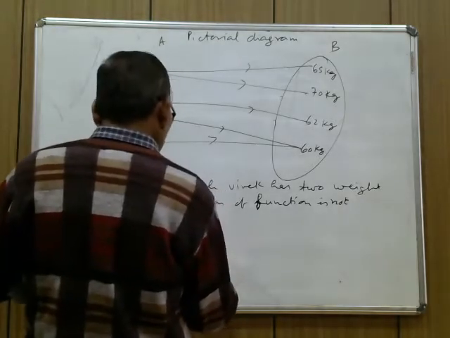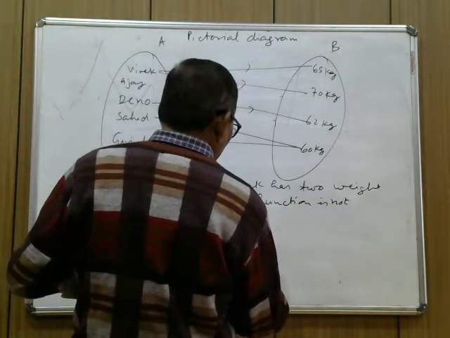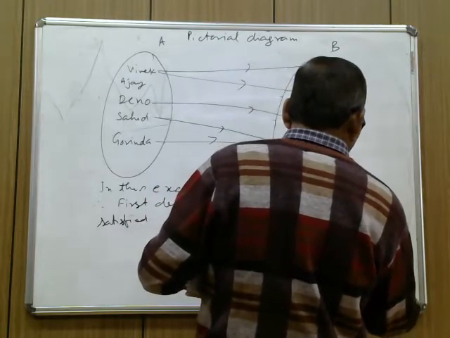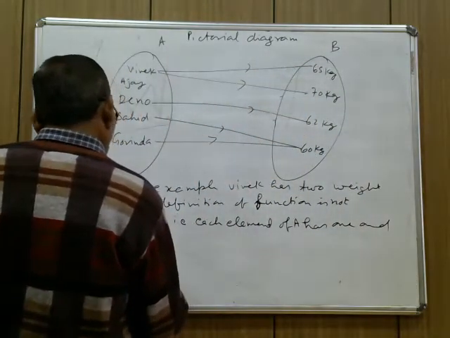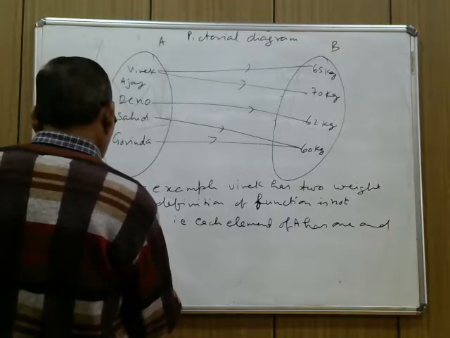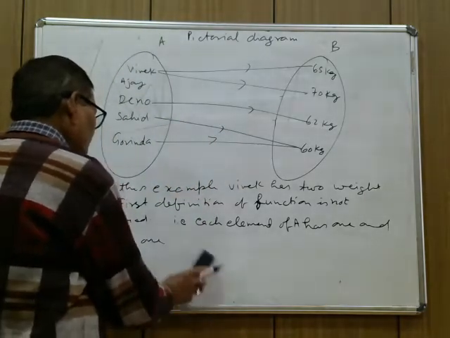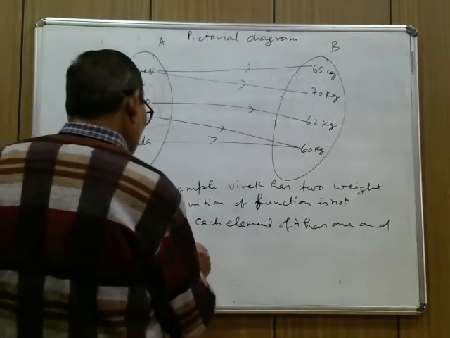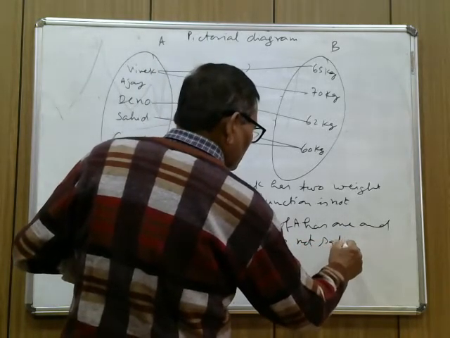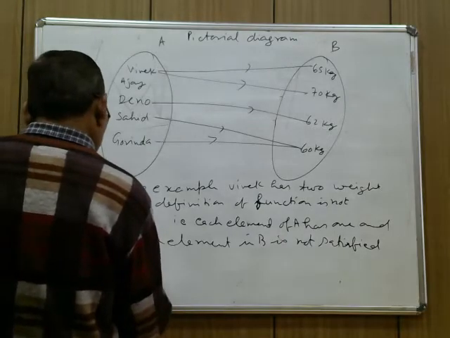That is, each element of A has one and only one element in B. One element in B is not satisfied. Therefore, hence, this is not a function.